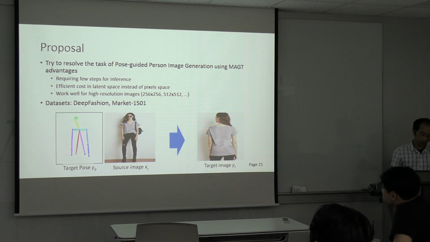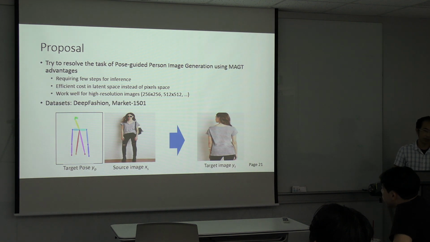So based on that technique, I also have a proposal to extend it to another modality. Like we have the image, and now I want to adapt it to a new modality, suppose that we have a person described by pose.